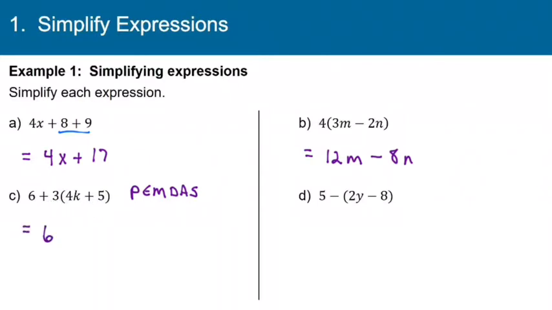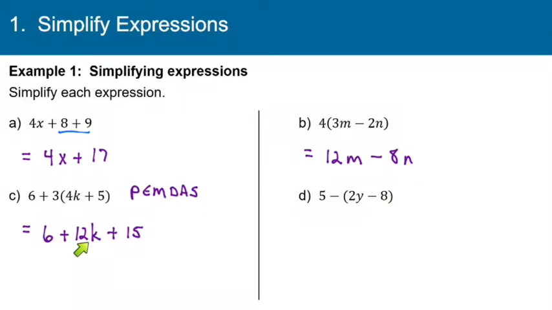So before we add 6 plus 3, we need to distribute this 3. So that's going to give us 6 plus 3 times 4k, which is 12k, plus 3 times 5, which is 15. Okay, now you can see that we really don't need to add 6 plus 3 at all because the 3 is gone. Now you can see that we have two constants here. We have 6 and 15 that can be combined.